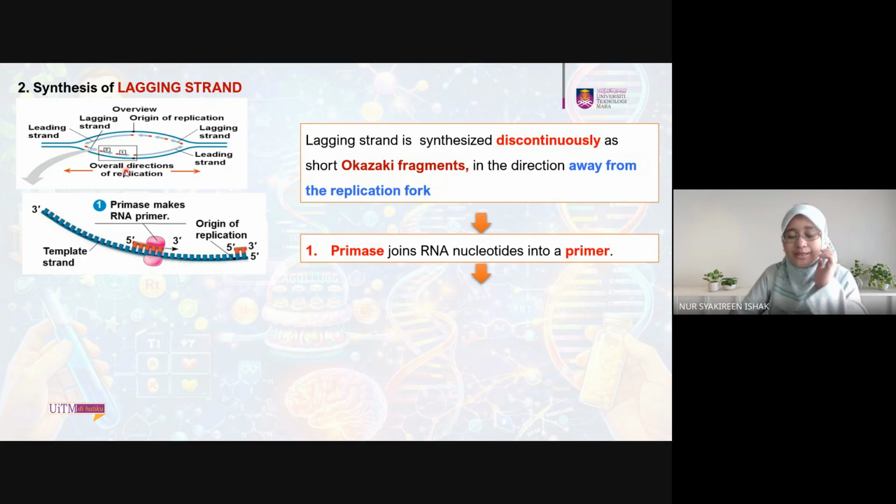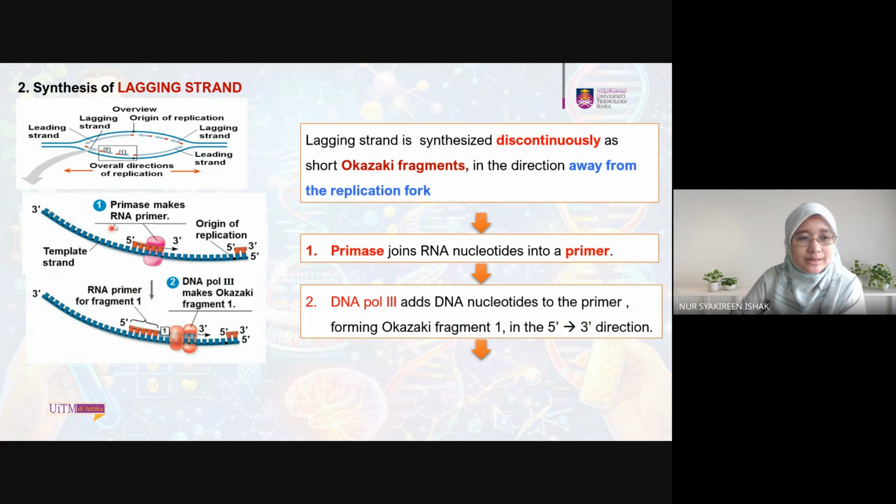The same goes for this side. As the replication proceeds and the bubble gets bigger, moving forward, the replication bubble opens and it synthesizes the fourth, then as it opens more, the fifth, sixth, and so on.